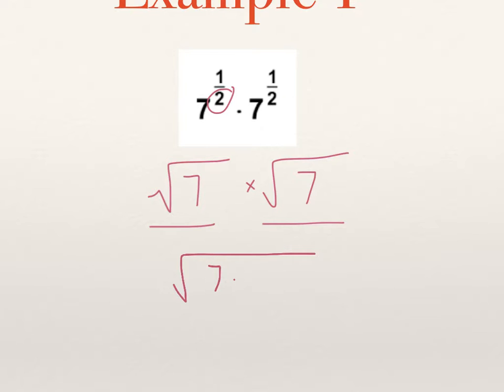So we put them all under the same square root, so we have 7 times 7 on the inside. Since our index is that implied 2, we're going to circle two numbers, and this 7 comes outside. So our final answer here is just 7.